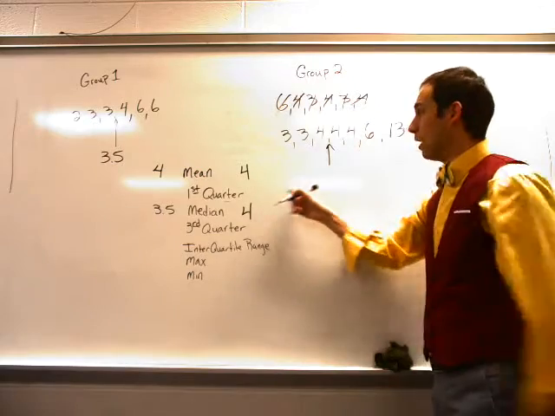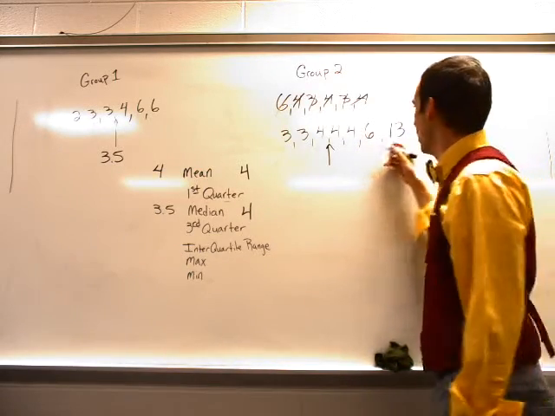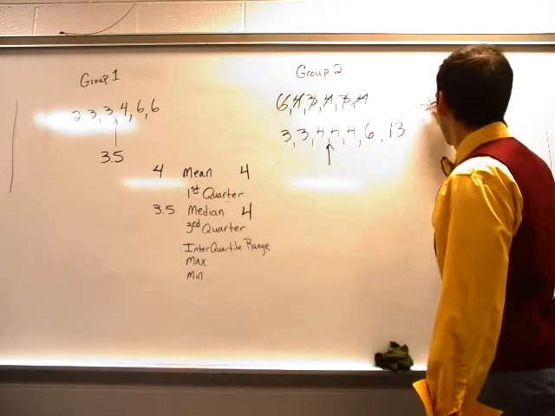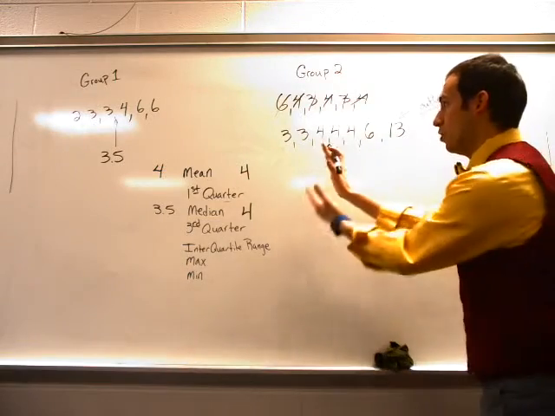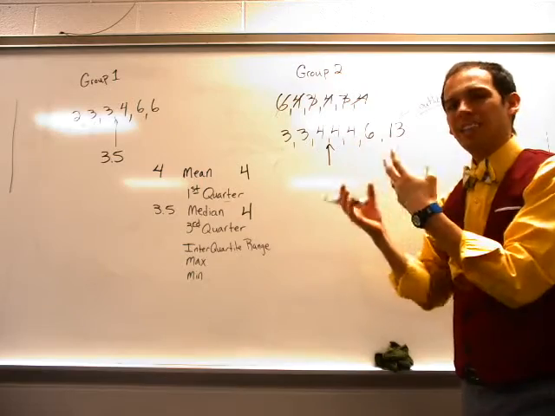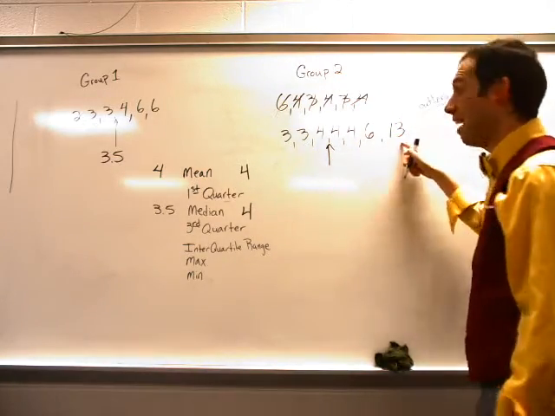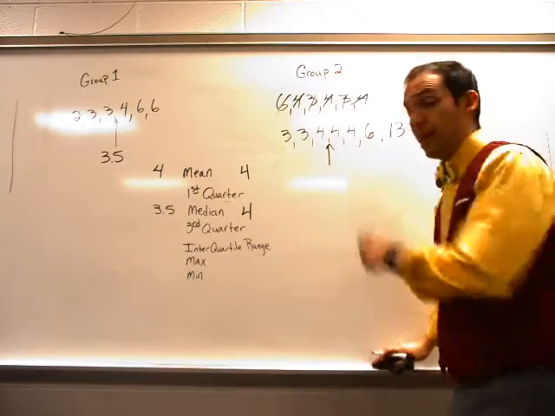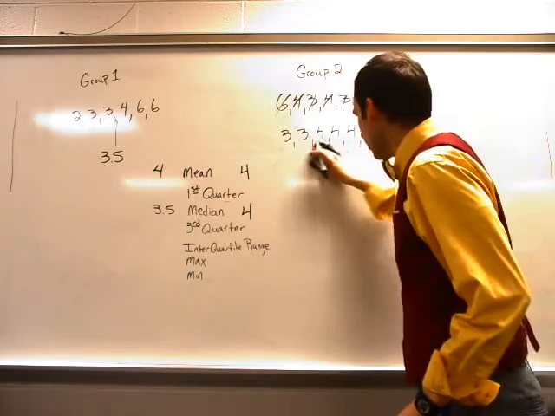So sometimes when I have extreme values, we call them outliers, they make the mean shift, which could throw off your estimations. The median sometimes is more accurate if you have these extreme values. Alright, so that's the purpose of that. I'm going to erase that 13, but we're not going to worry too much about it right now.